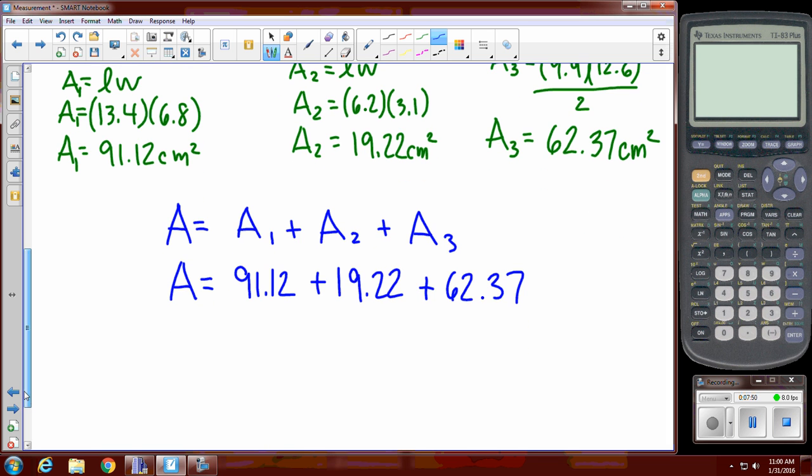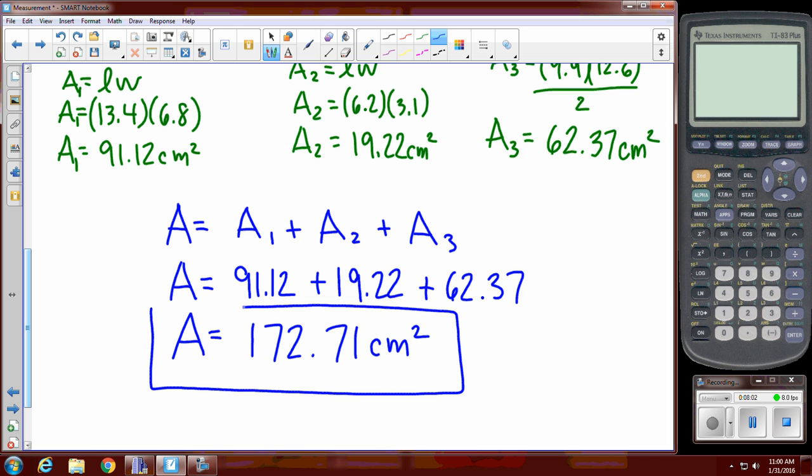And if I combine all 3 of those regions of this composite shape, I get a total of 172.71 square centimeters. So this is the final answer in this composite shape.